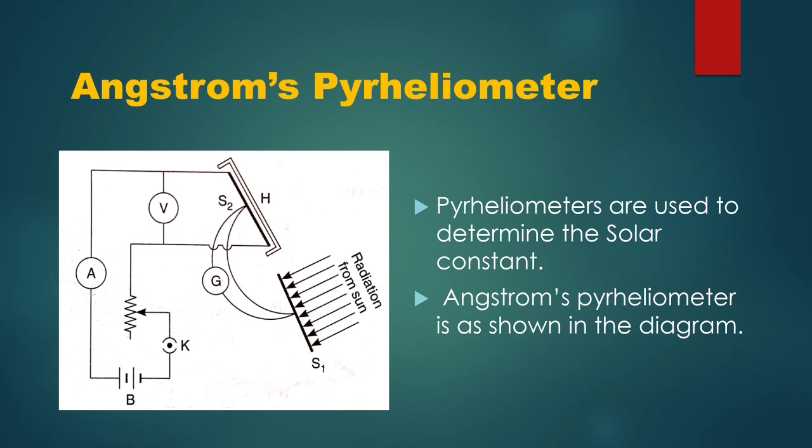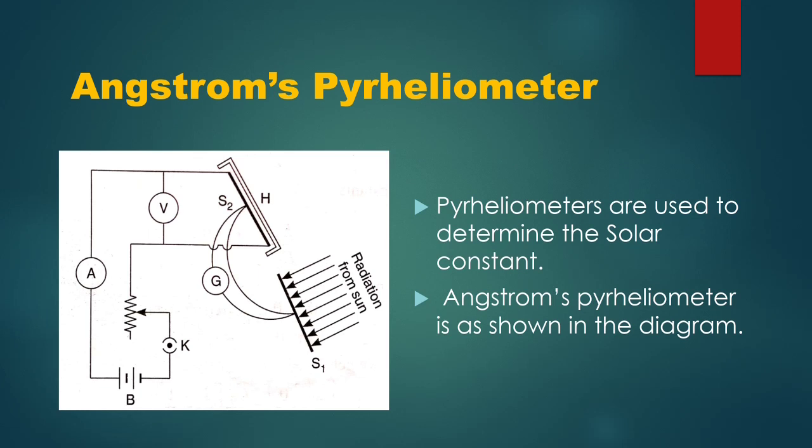Here S1 is completely open to receive the solar radiation from the sun, but S2 is completely covered by a double walled shield H, and the two backs of the strips S1 and S2 are connected to a thermocouple through a galvanometer G.